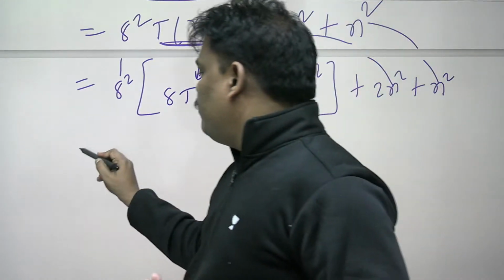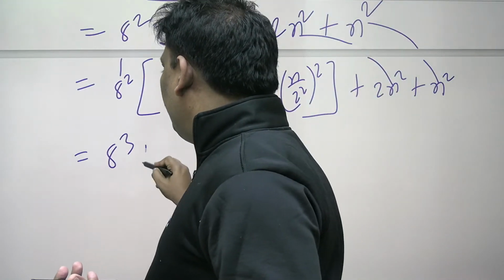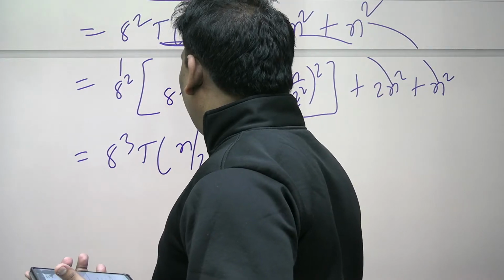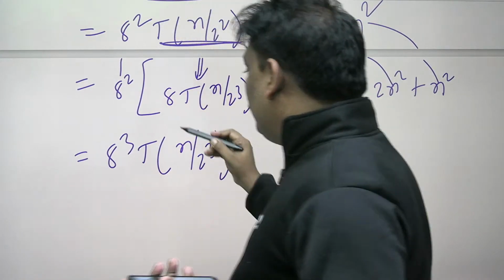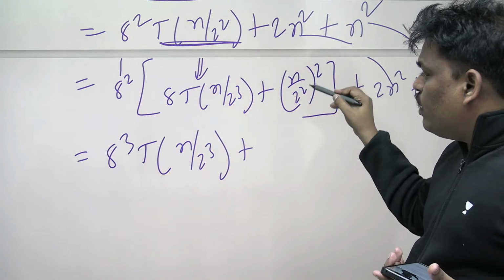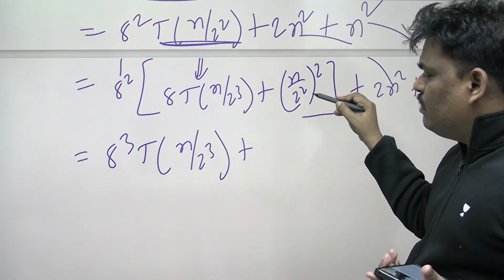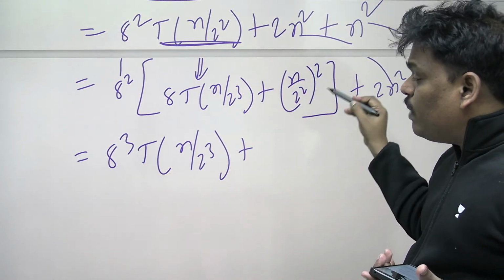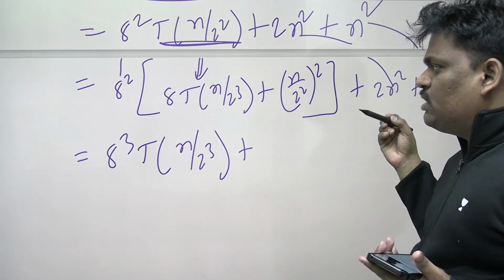Now if you simplify, 8 cube T(n/2 cube) plus 8 square into n square by 4 square, that means 16. You only say 64 by 16. How much? 64 by 16.